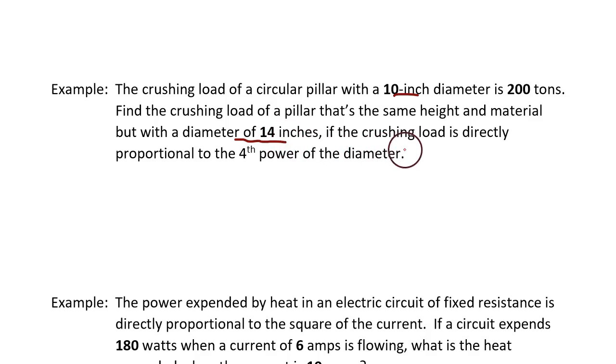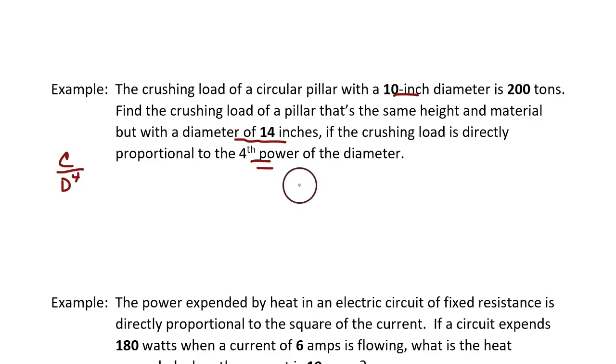If the crushing load is directly proportional to the 4th power of the diameter, we have a directly proportional situation. One of our variables is referred to as the crushing load, and it's directly proportional to the 4th power of the diameter. So if we use proportions again, this would be the arrangement of our ratios.